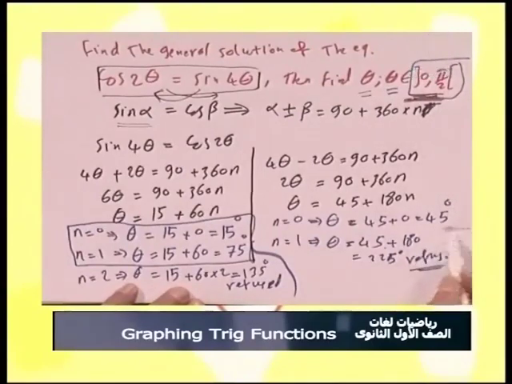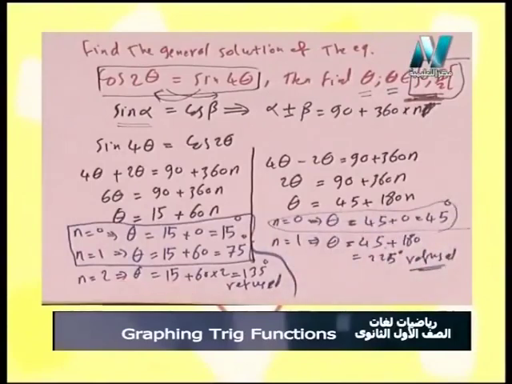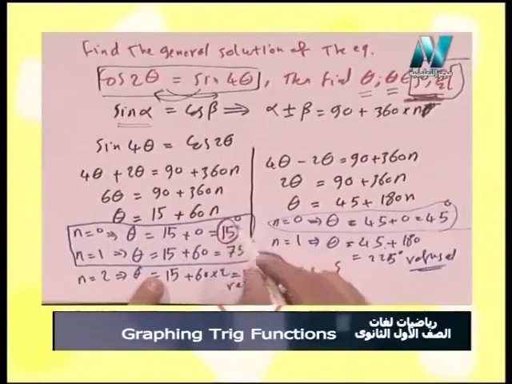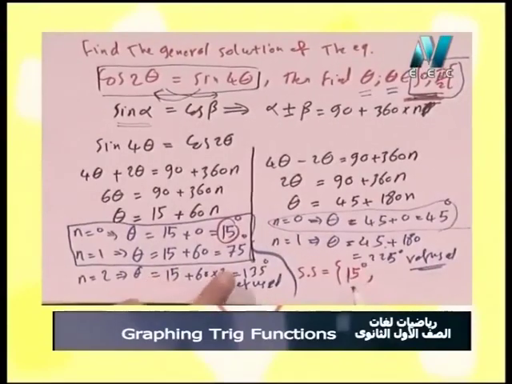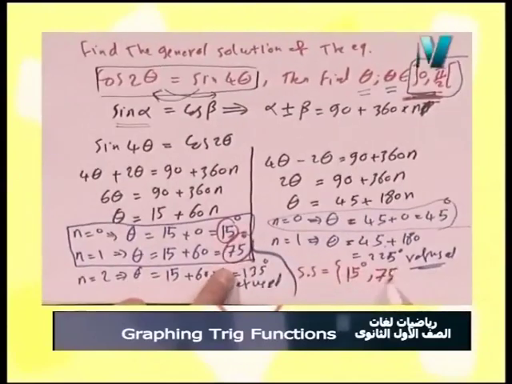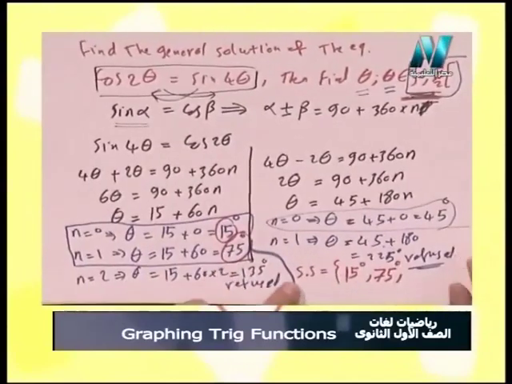So we can write the solution set, or the values of theta, here: 15 degrees, 75 degrees, and finally 45 degrees.